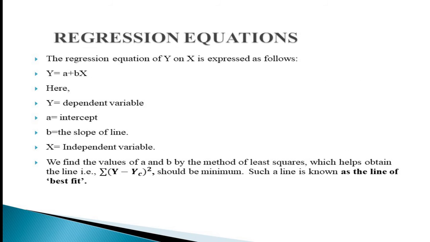Now we'll see how the regression equations come. This is y on x, where the x value will be given and you will be asked to find the value of y.